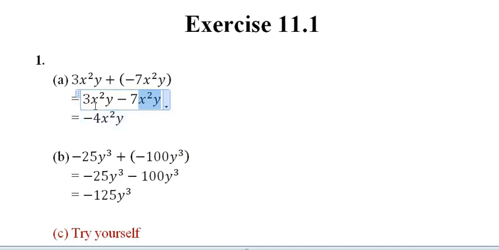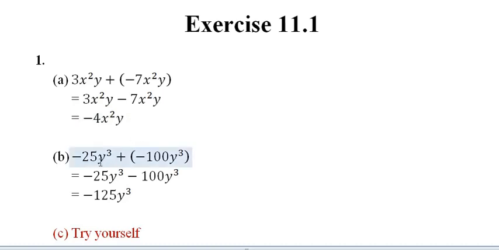This is positive 3 and this is negative 7, so it will be minus 4, because the magnitude of the negative number is more. It will be written as minus 4x square y.